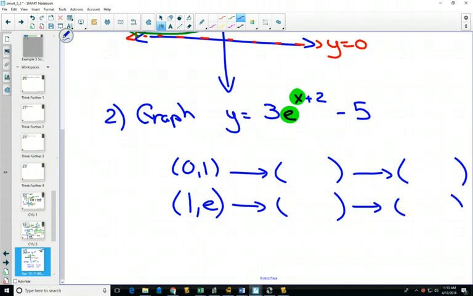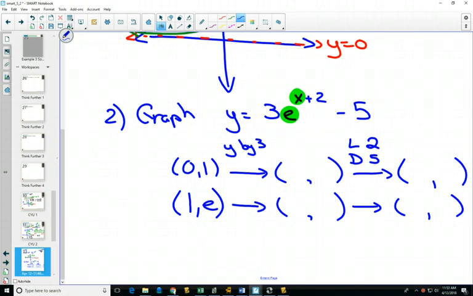Going from left to right, dealing with all of my stretches and compressions first. So from left to right, I hit the 3. What's that going to do? That's going to multiply y values by 3. Next, I hit the +2. That's going to go to the left 2. And finally, I hit the -5. That's going to make it go down 5.